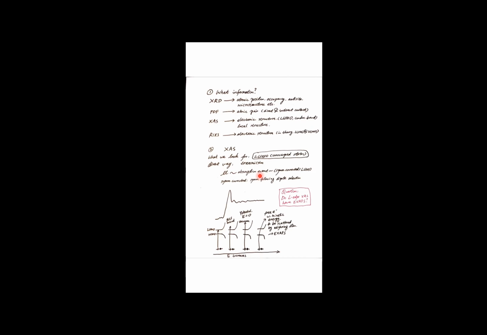So if this is nickel oxide, and if the energy hits the edge energy, then we have a lot of absorption. The cross section increases a lot, and then we have a lot of absorption events going on. So the mu becomes very large at the absorption edge, right?